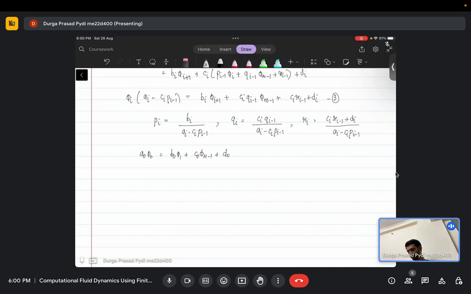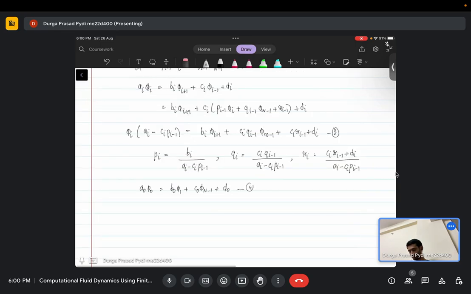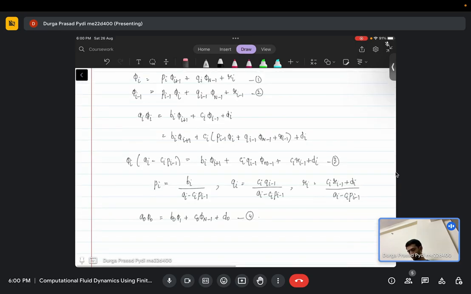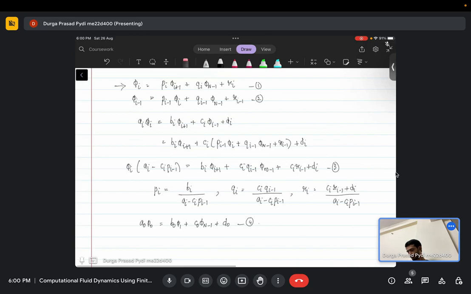Now we can compare this, equation 4, with the original equation number 1. So you can see p0 is given by b0 by a0, q0 is given by c0 by a0, and r0 is given by d0 by a0.